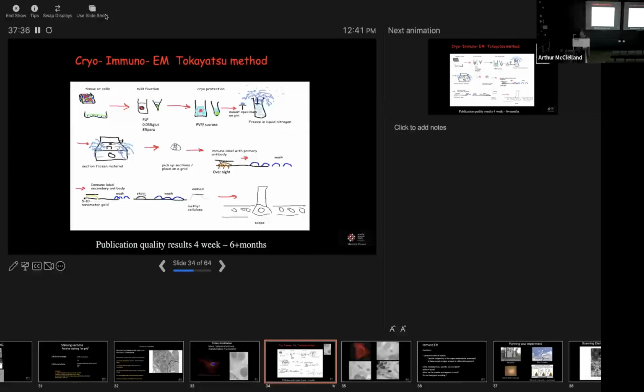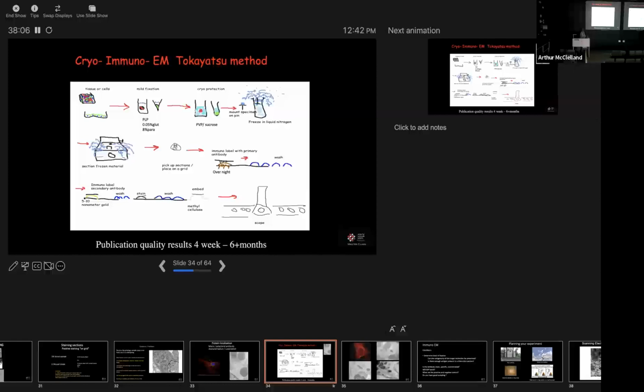I generally use something called PLP, which is a paraformaldehyde lysine periodate cocktail, or 0.05% glutaraldehyde, or if you're really stuck, maybe 8% paraformaldehyde. You'll still maintain some good ultrastructure, even with 8% paraformaldehyde. Sectioning and everything else down the line becomes more difficult, but it may be all you can do, the best you can hope for.